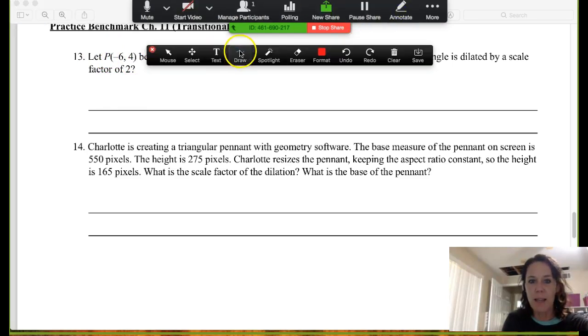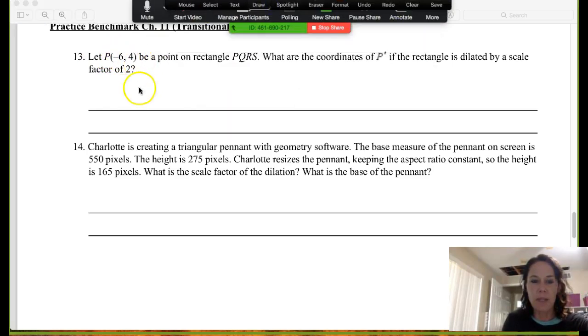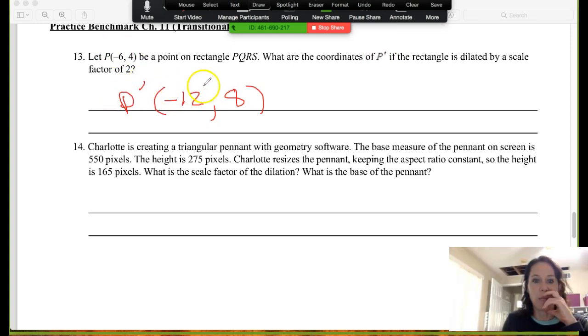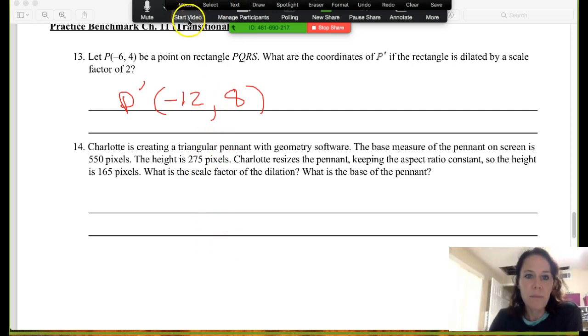It's as simple as that. So -6 times 2 is -12, and 4 times 2 is 8. So if I dilate it by a factor of 2, I would get the point P prime, which would be (-12, 8). All right, let's go on to the last one.